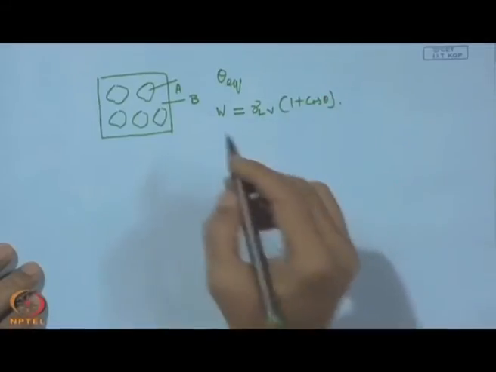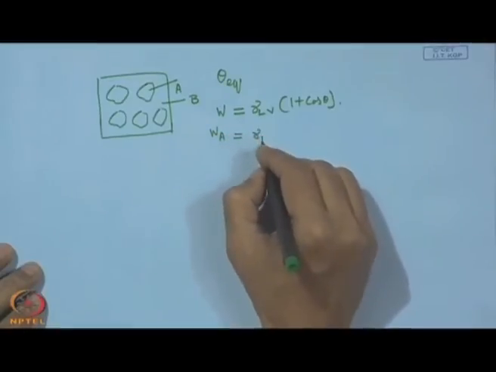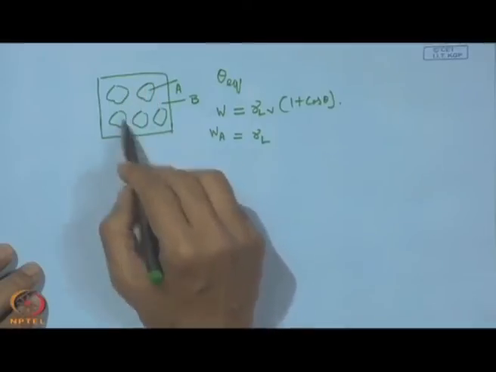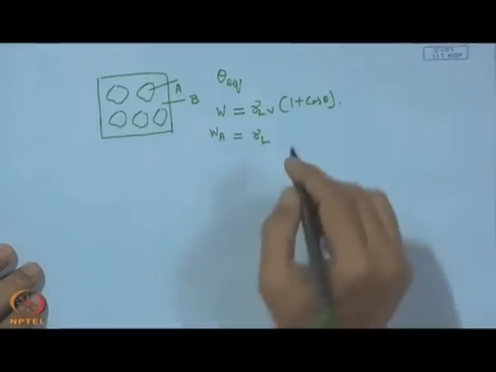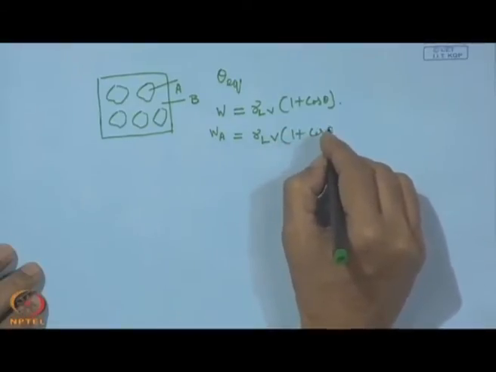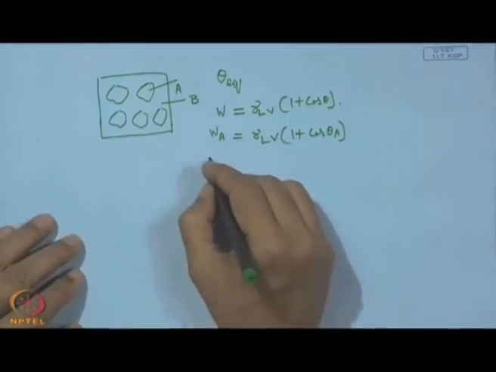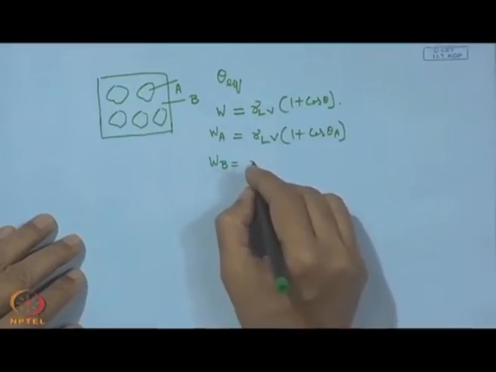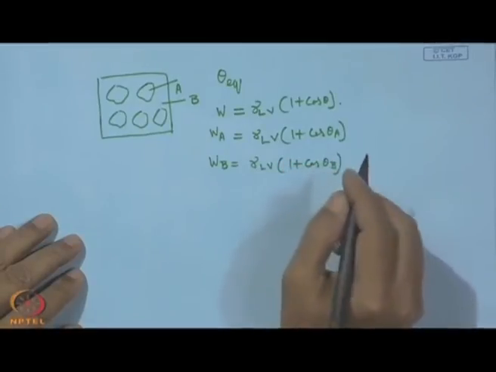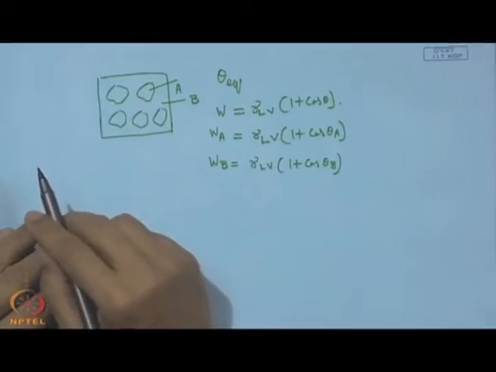Now, this can also be written as W A, had it been totally the dispersion material, that means the material which is dispersed, if it contains 100%, then we can write it like this: gamma L V into 1 plus cos theta A, where theta A is the contact angle had it been 100% of A. Now, following the same logic, we can also write gamma L V into 1 plus cos theta B, and this is considering that the matrix is actually 100% over this unit area.